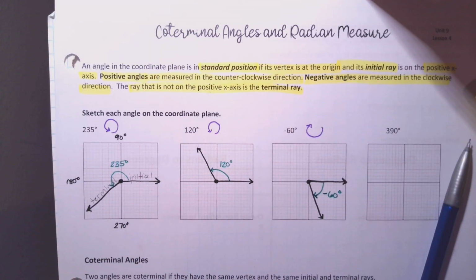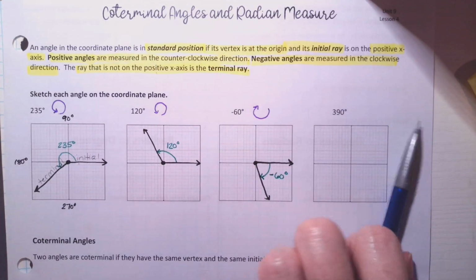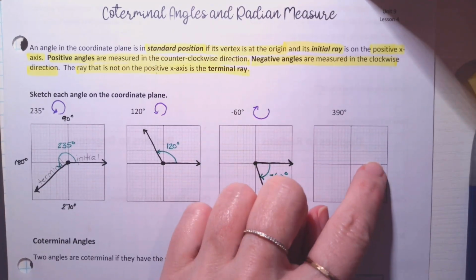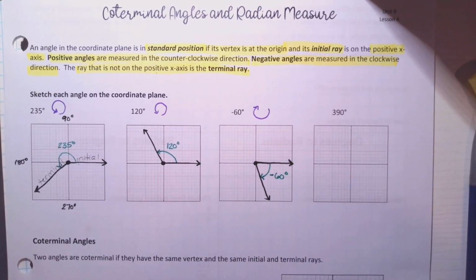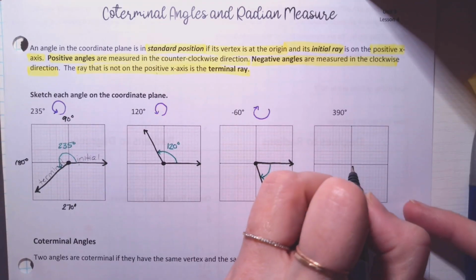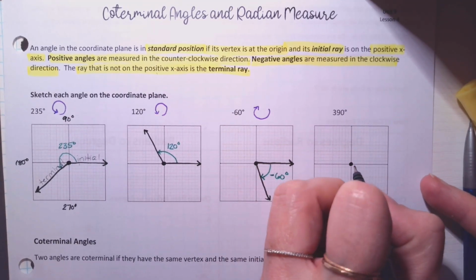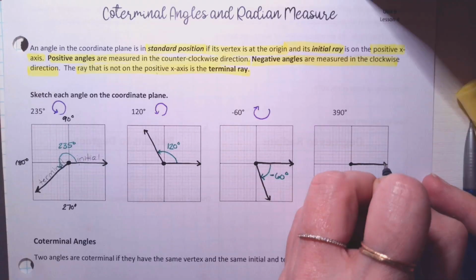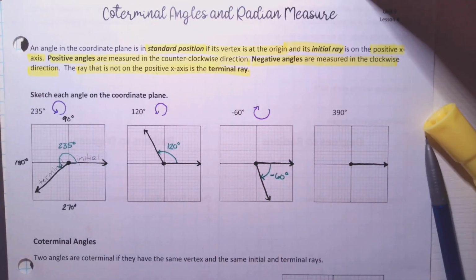Looking at 390, 390 is more than all the way around a circle. Because if you go all the way around a circle, that's 360 degrees. You'll probably remember that from geometry last year. So 390 goes all the way around and a little bit more. We're still going to have the vertex at the origin. We're still going to have the initial ray on the positive x-axis.